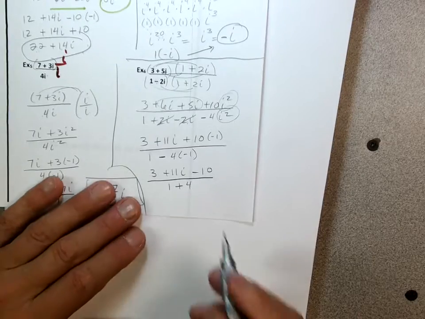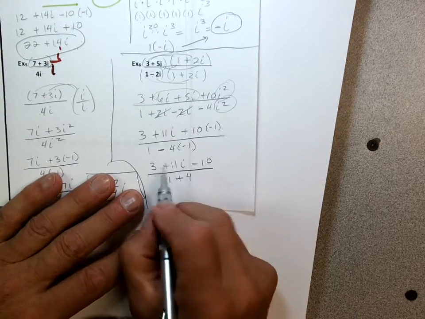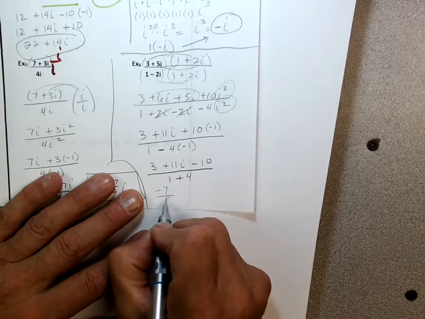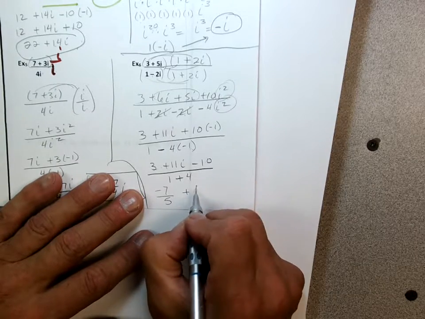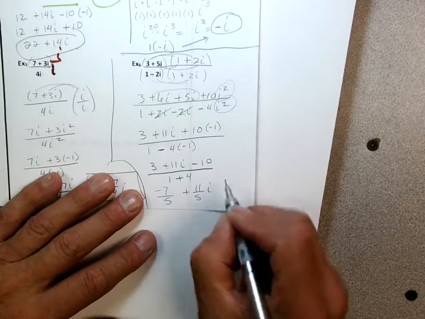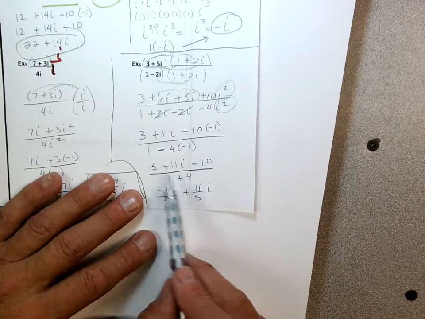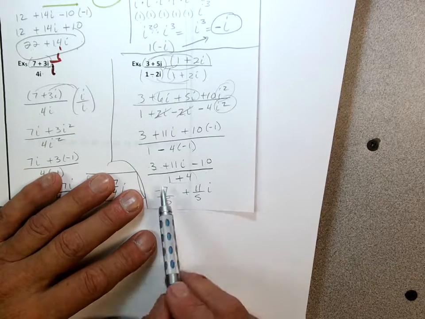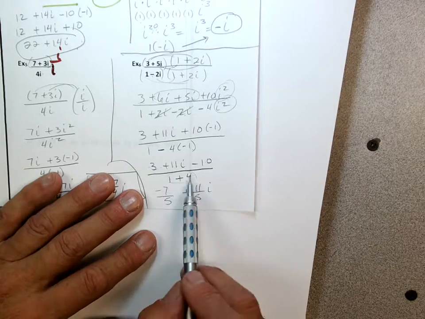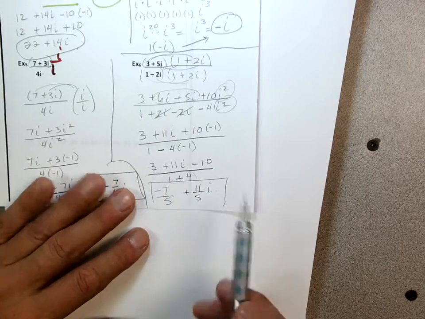Almost done. This is now going to be -7 over 5 plus 11/5 i. Okay, here's my -7 over 5 plus 11/5 i. And there's my answer.